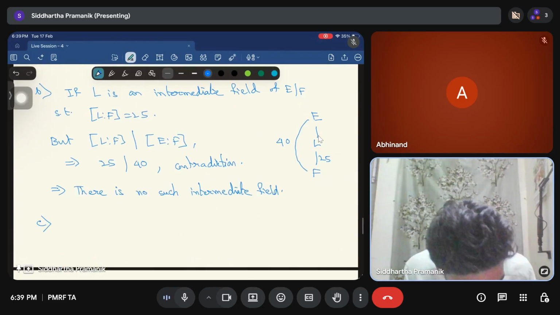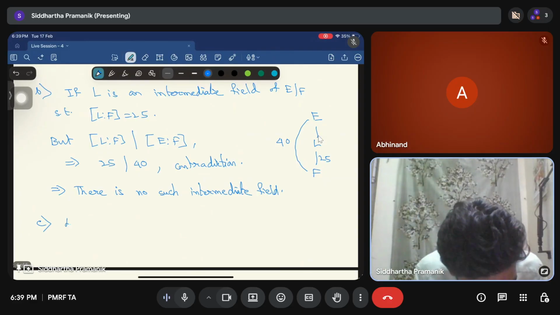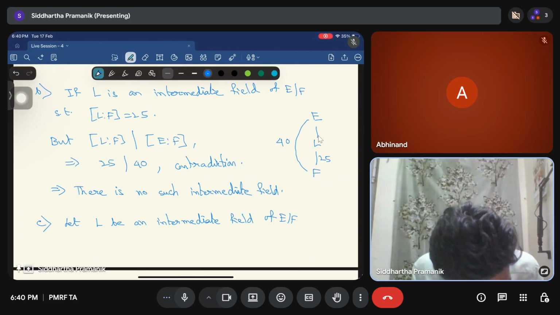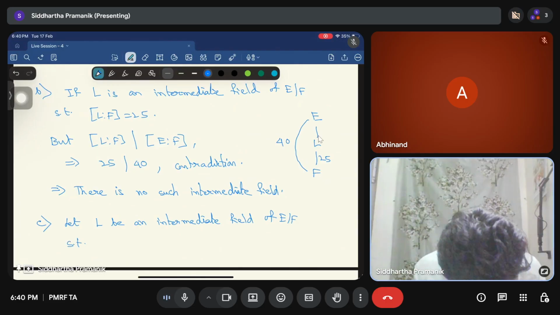So let L be an intermediate field of E over F such that the Galois group of E over L is Z mod 5Z.